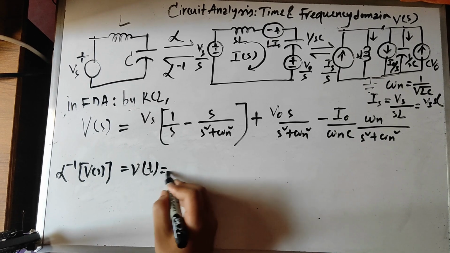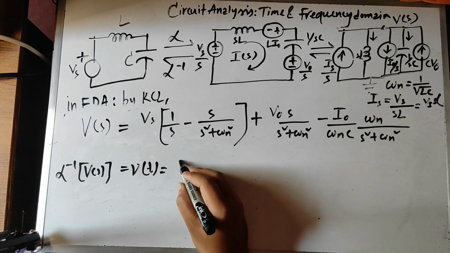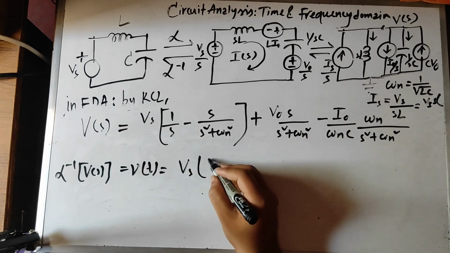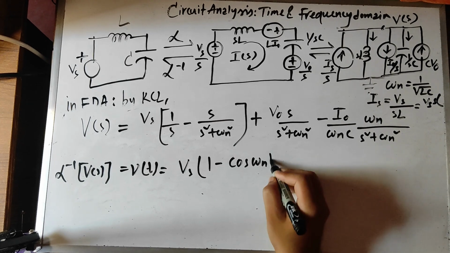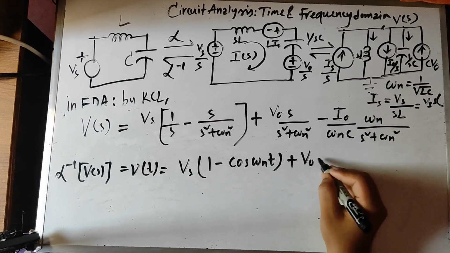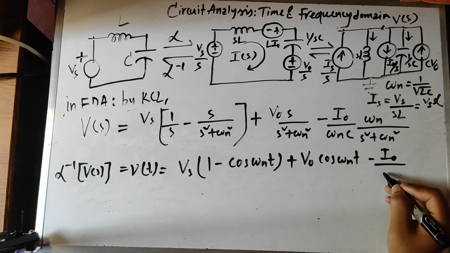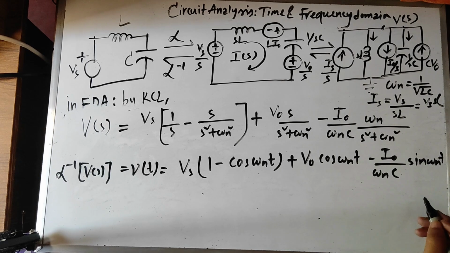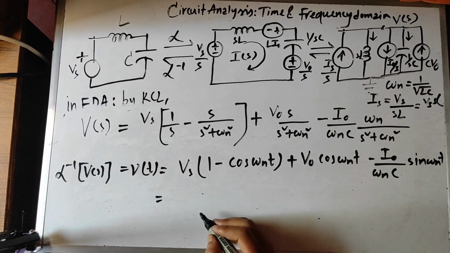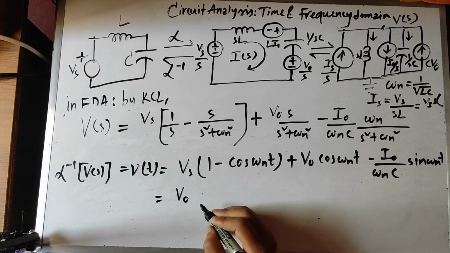This will give us the time domain response, and here Vs times (1 minus cos omega n t) plus Vo cos omega n t minus Io by omega n C sine omega n t.